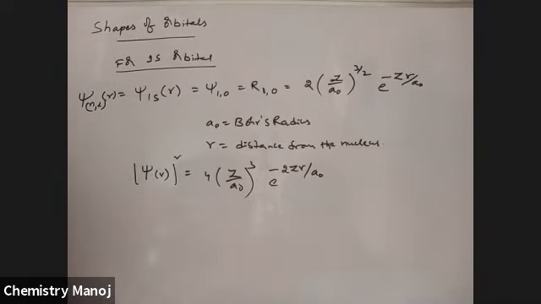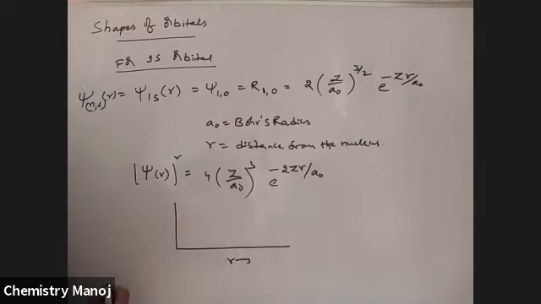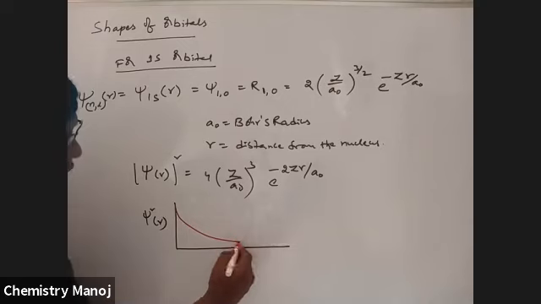Now if we want to draw a graph with the R value, that is the distance from the nucleus, and the psi square R value, only the radial probability distribution, the graph is like this. At the beginning, the psi square value is maximum, and as we go away from the nucleus, the psi square value slowly decreases, not touching the x-axis.